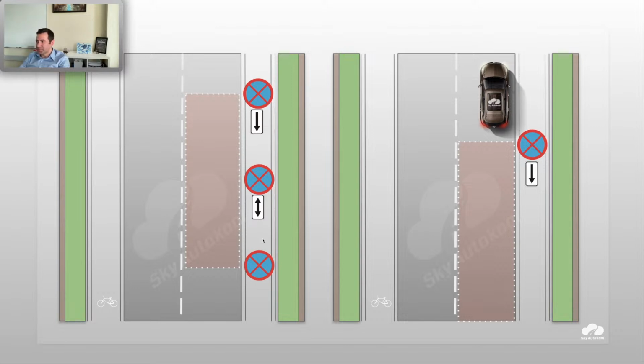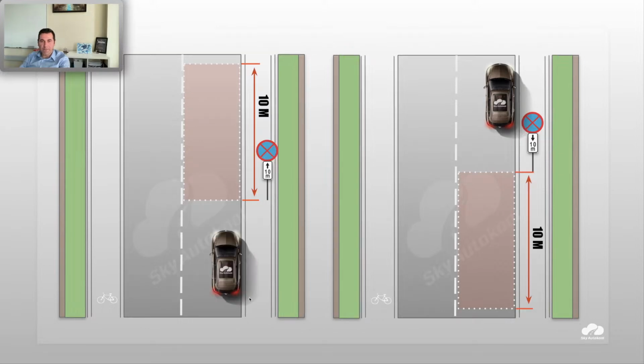Too many signs. Well, actually, in some cases, it's actually cancelling. So usually if you see this sign, that means that before that you can park your car even if there's no crossroad.